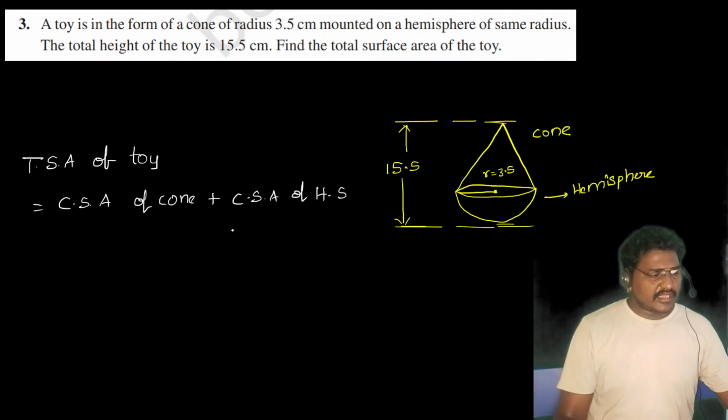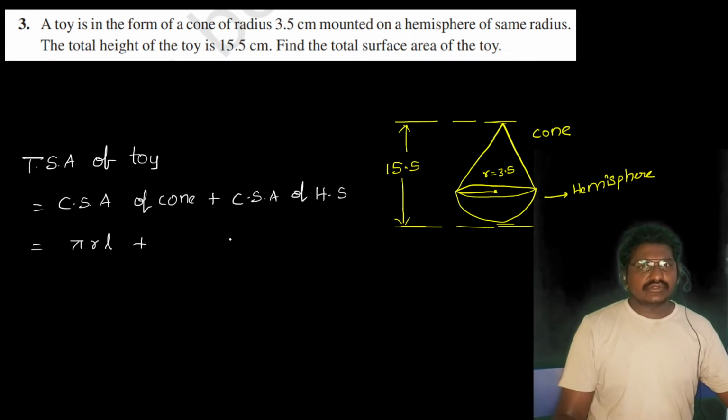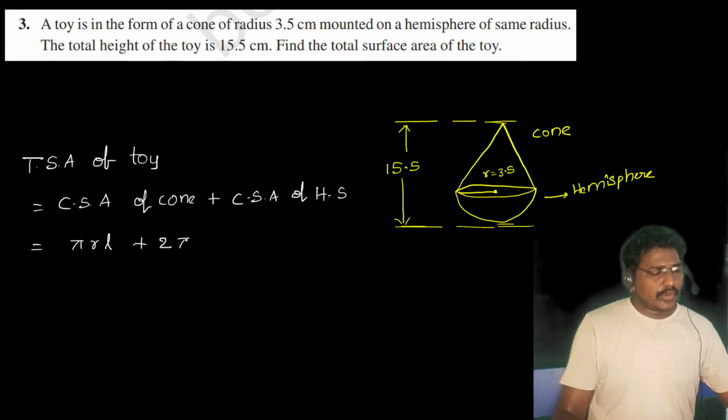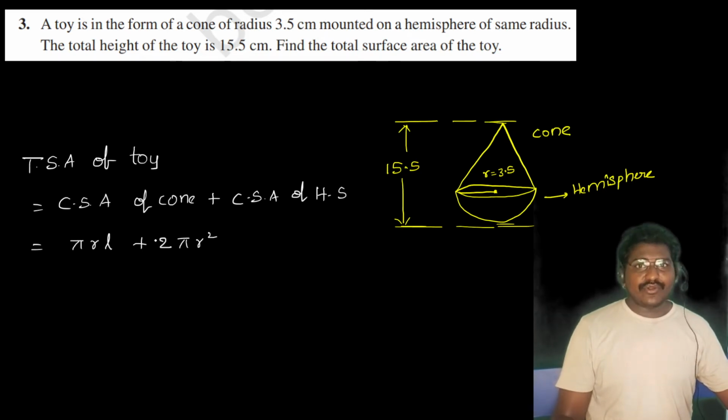Now, what is the curved surface area of the cone formula? It is pi r L, where L is the slant height, plus the curved surface area of the hemisphere, 2 pi r square. Now we know the r value, but we don't know the L value.